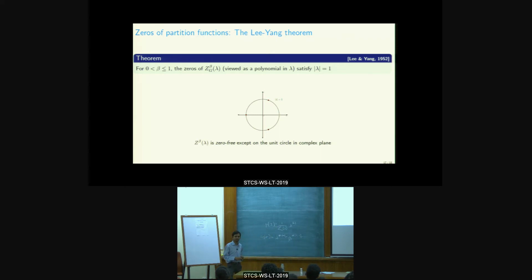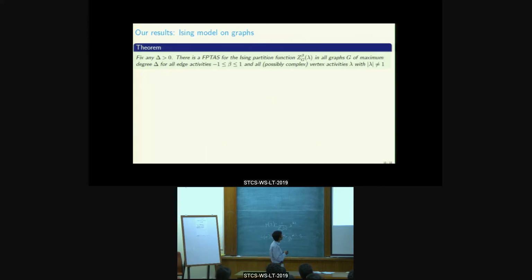It does not depend upon which graph you are on or what the degree of the graph is. So this partition function is zero free except on the unit circle. So the Taylor series of log Z at 0 has radius of convergence at least 1. In fact, it's exactly 1. There are points of singularity on that.